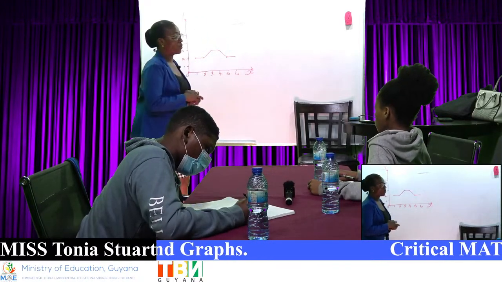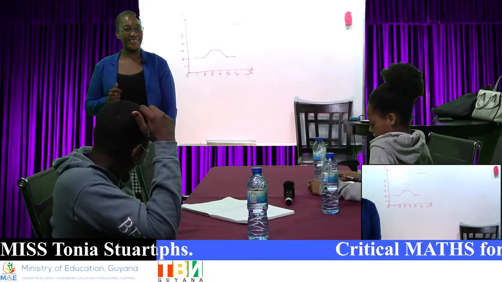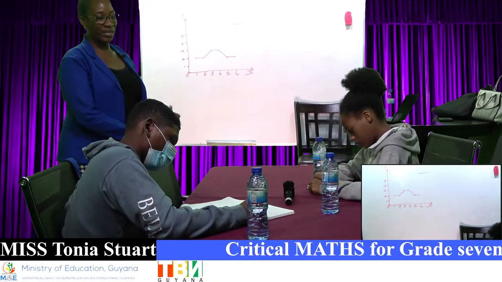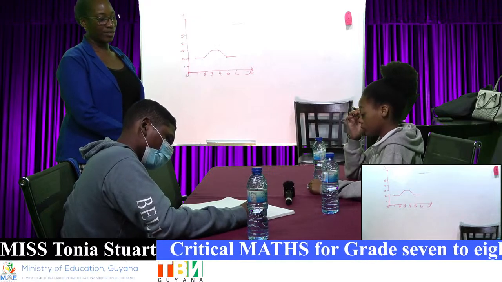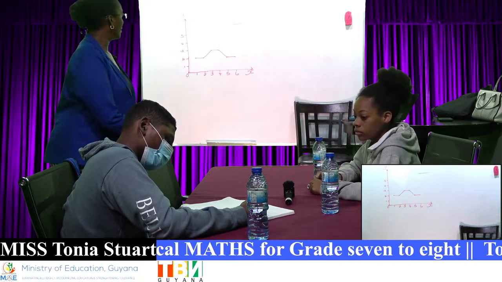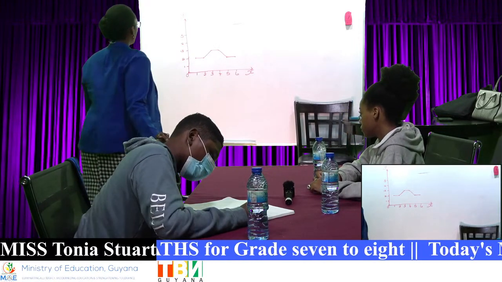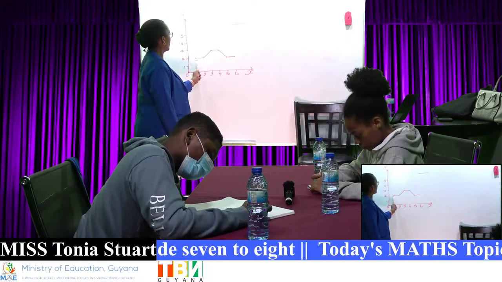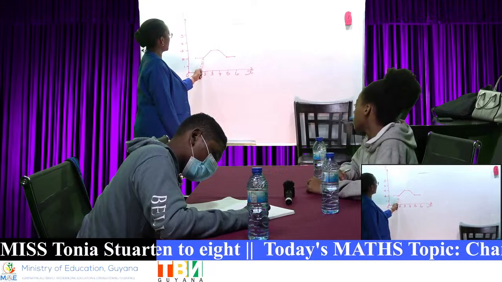So Shamari, see why we place the dots? Yes, miss. We just place the dots so that we can make the connections. So you would see that all the persons that scored 1 to 2 marks is consistent.